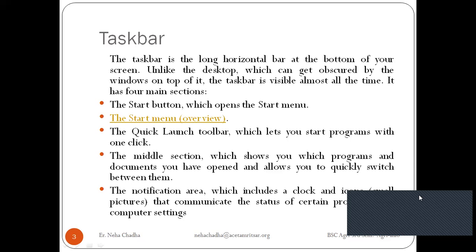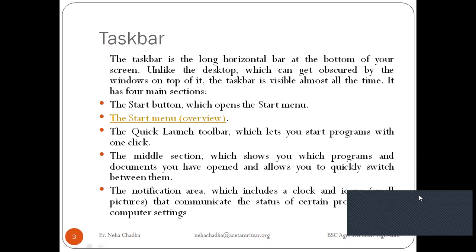Suppose you are working over some MS Office or some VLC media player but you haven't put any icon over the taskbar for quick launch, then it will automatically appear until and unless you work over that particular application. Then comes the notification area.